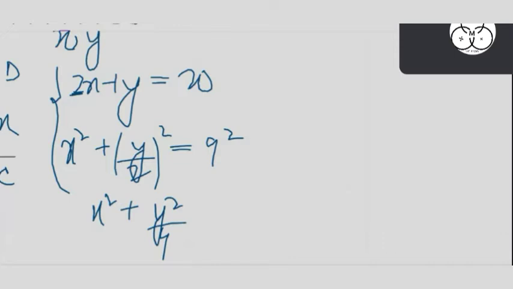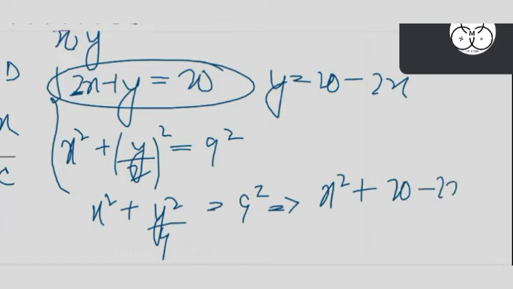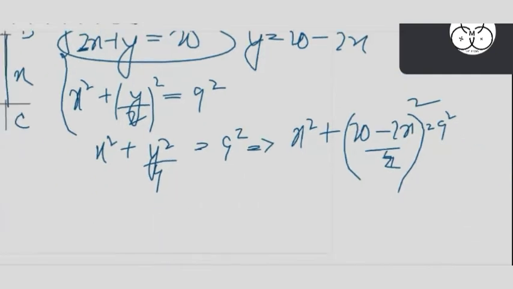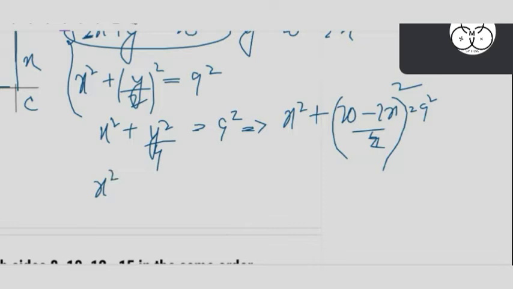We can simply put the value of y, 20 minus 2x, equals 9 square. x square plus (20 minus 2x) by 2 whole square equals 9 square. x square plus, 2 to cancel, (10 minus x) whole square equals 9 square.